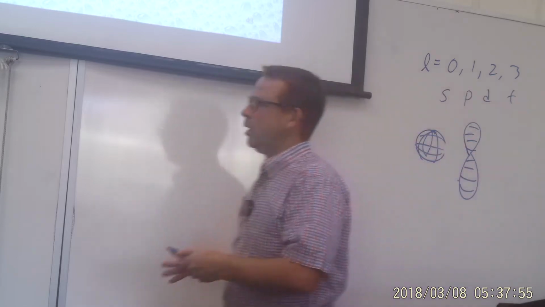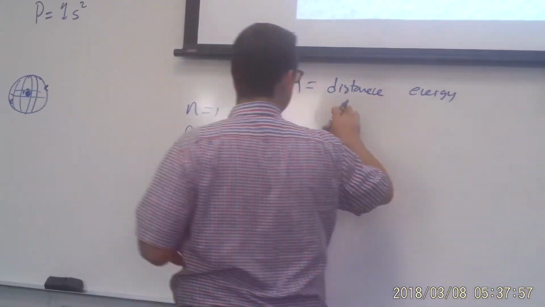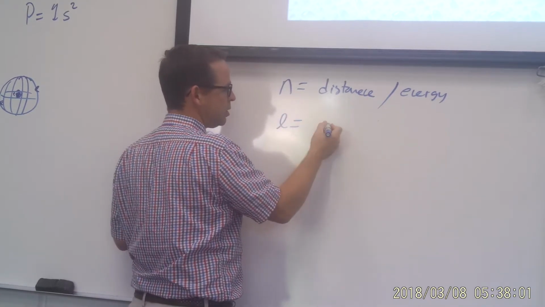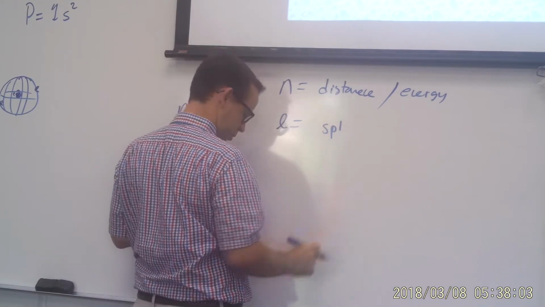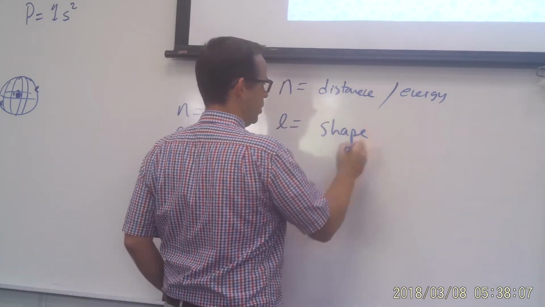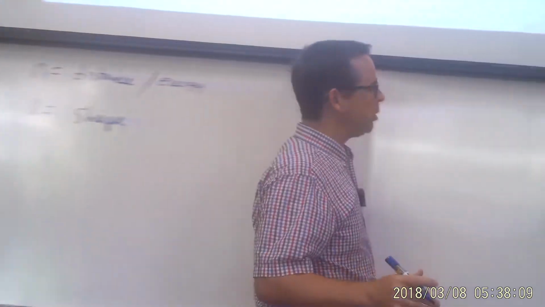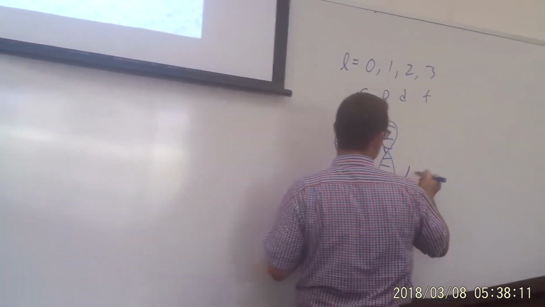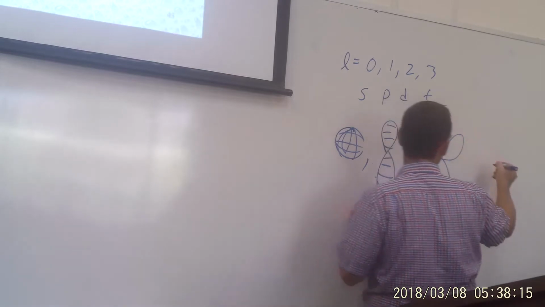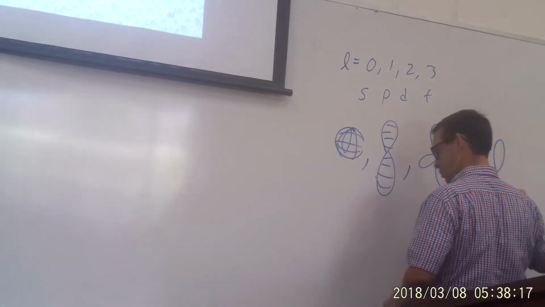Okay? So just like n corresponds to distance and energy, L corresponds to shape. The d orbitals look like this for the most part. And f orbitals look like that as well.